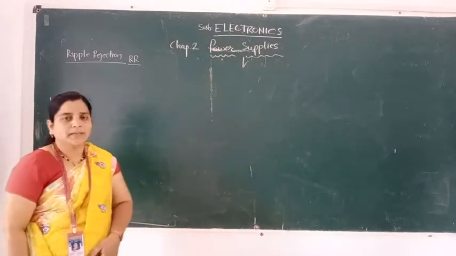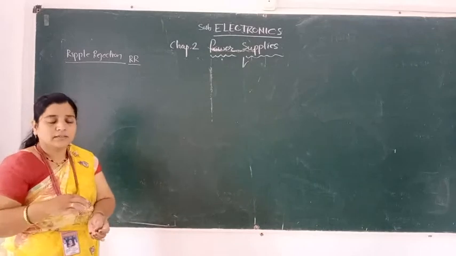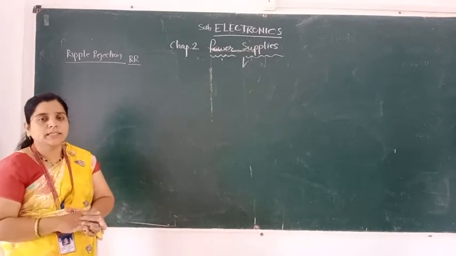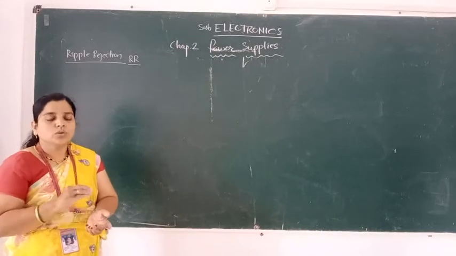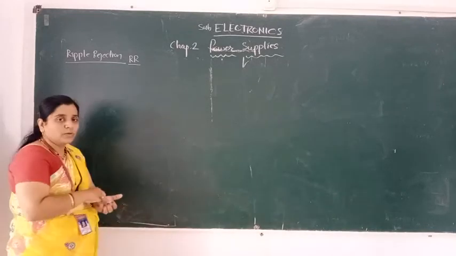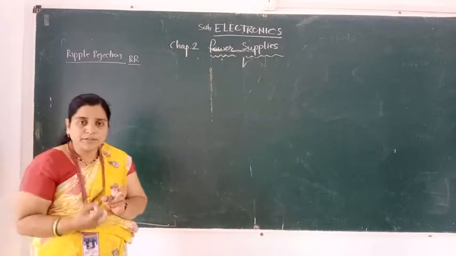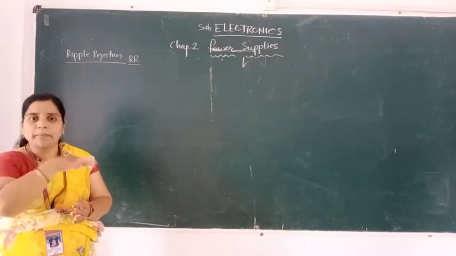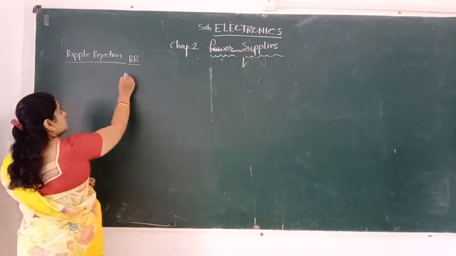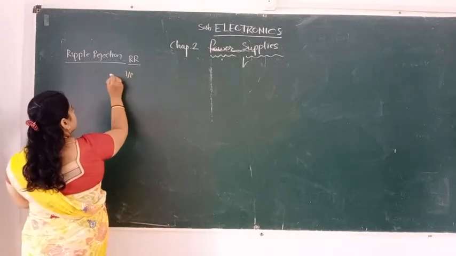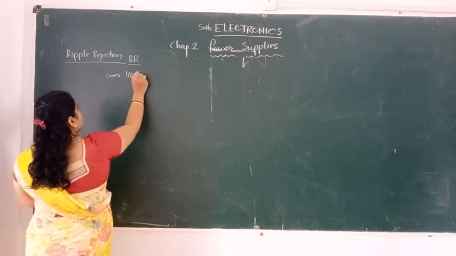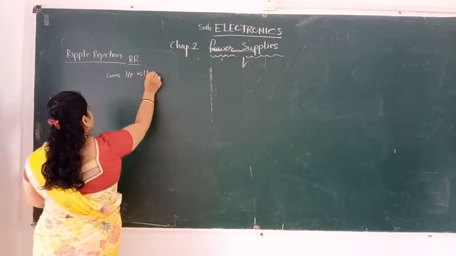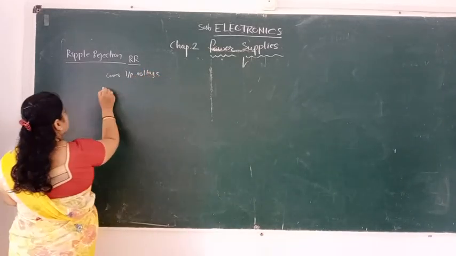What happens in ripple rejection? When there is a change in the output regulated voltage in the load and line regulation, there is a change in voltage and it reduces the current, and that voltage comes back to the input voltage.